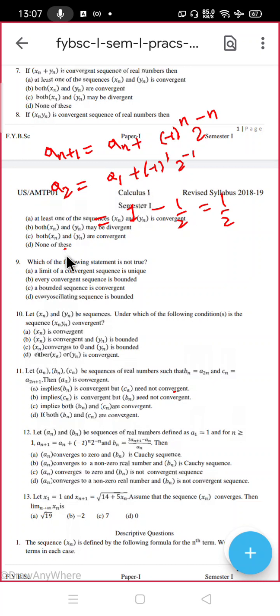What about a3? a3 will be a2 plus, that means 1/2 plus minus 1 raised to 2 upon 2 square. So it will be 1/2, and minus minus becomes plus, so plus 1/4. Do you agree?